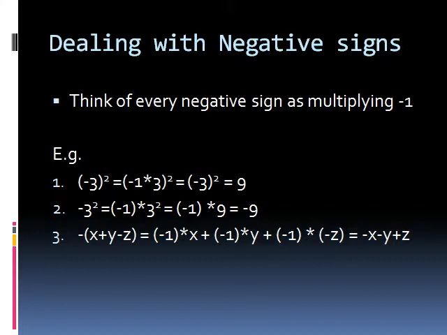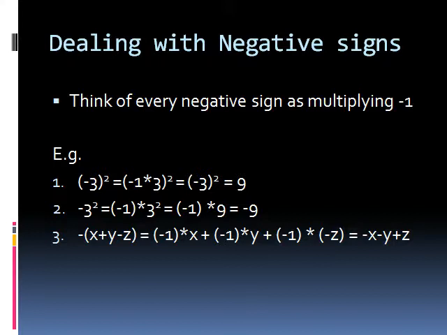Therefore, when you have minus 1 times minus 1, you would have positive 1, because if a positive number is multiplied by a negative number, it becomes a negative number. However, if a negative number is multiplied by another negative number, then it becomes a positive number.